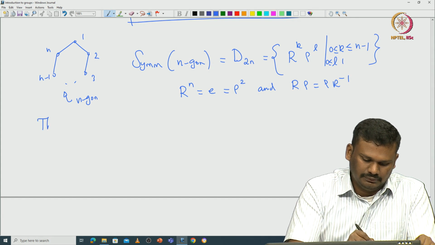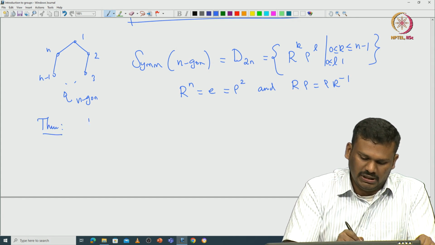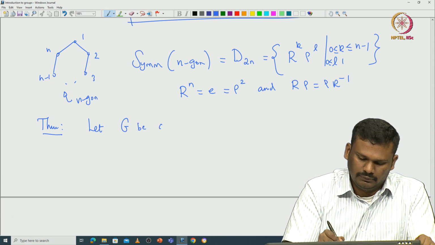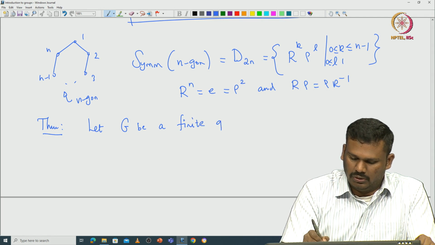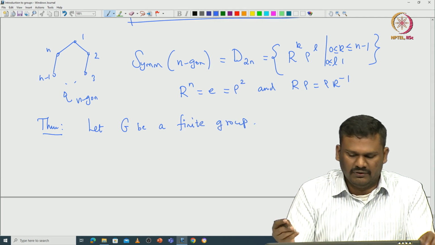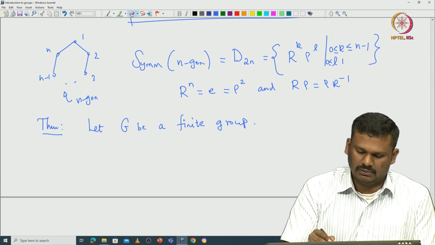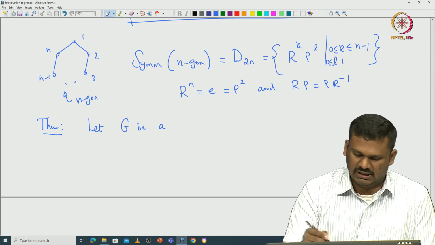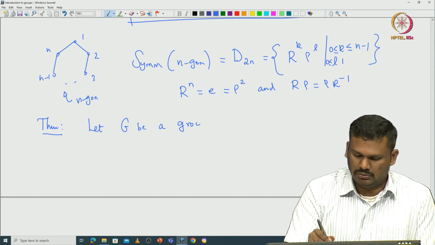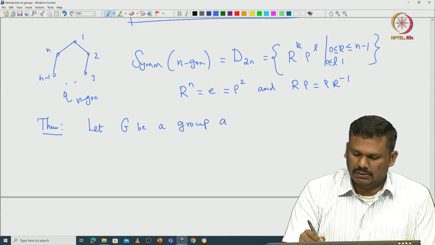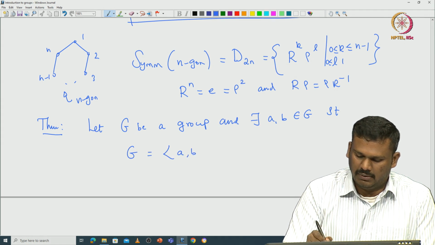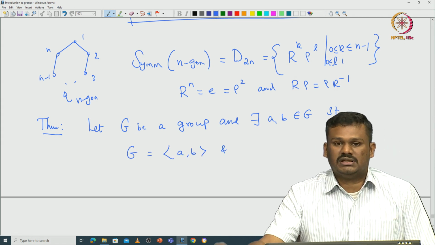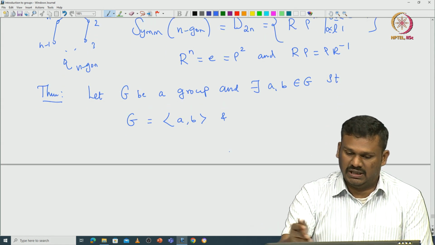Here is the theorem. Let G be a group. We do not need to assume it is a finite group. Let us say there exist a, b in G such that G is generated by a, b and a, b satisfy the relations that we have stated earlier.